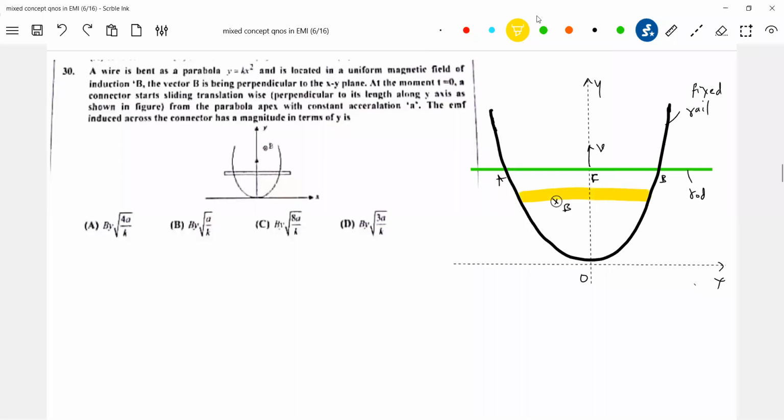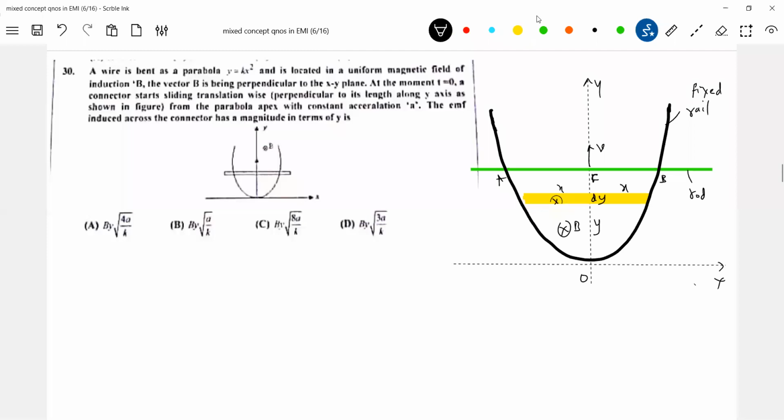First, the flux linking that elemental strip, d phi. Let the x be equal to, and let it be y, and this will be dy. B bar everywhere into the plane.